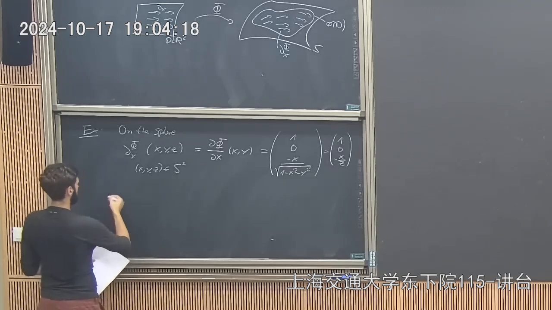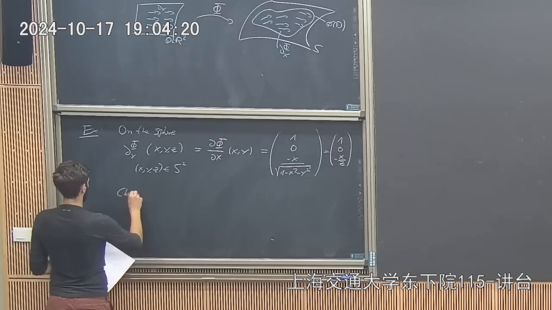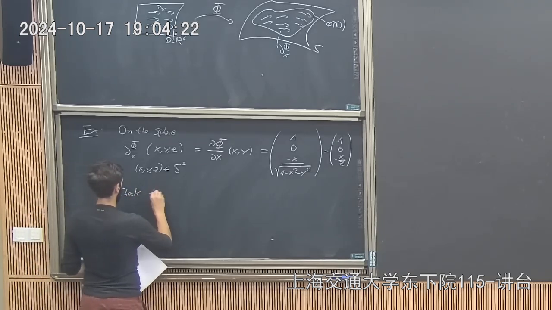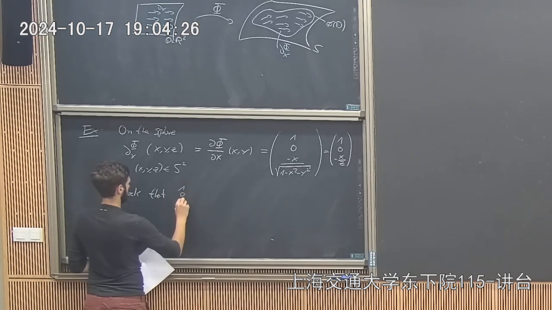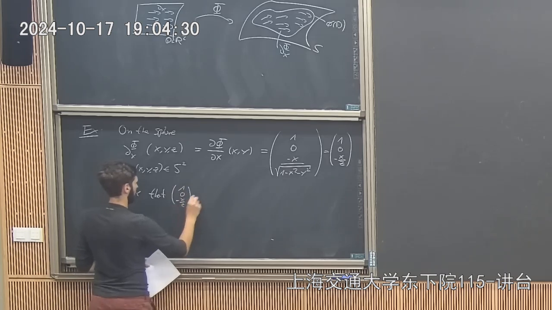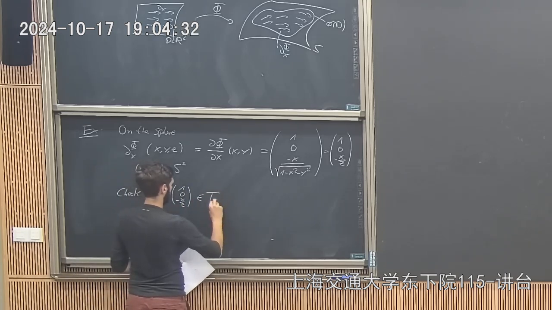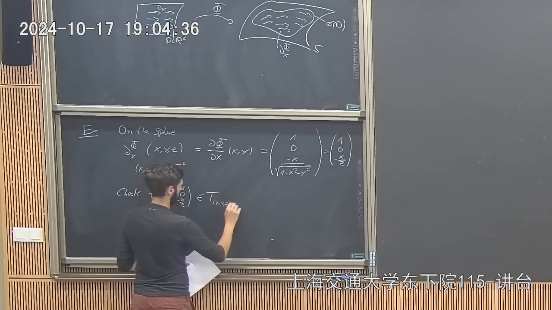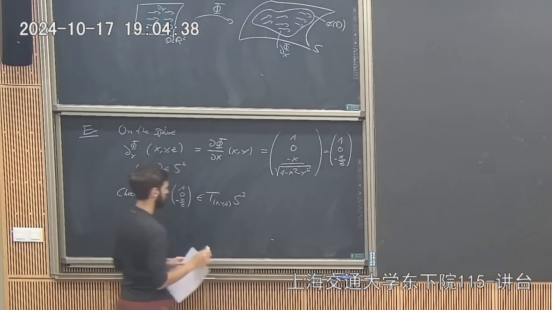Now we have to check that (1, 0, minus x over z) is a tangent vector at that point x, y, and z of the sphere.